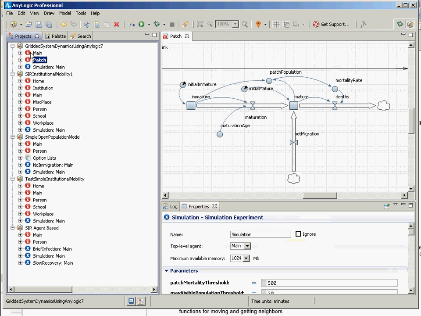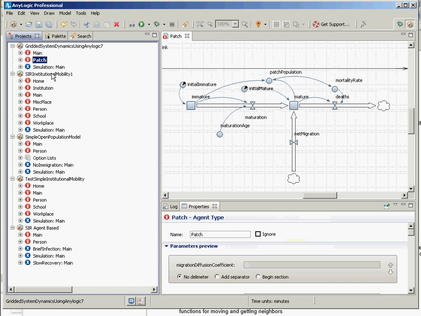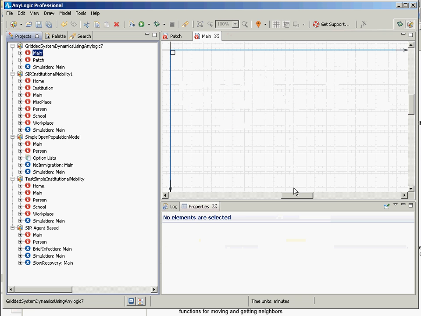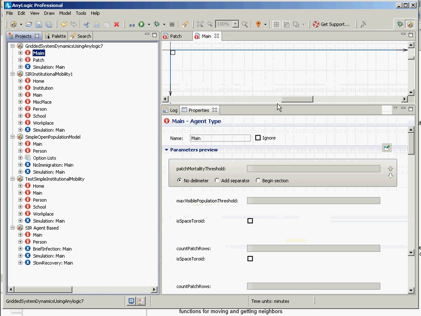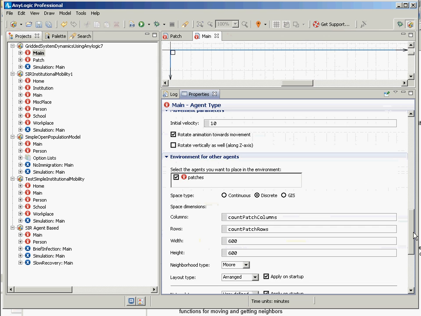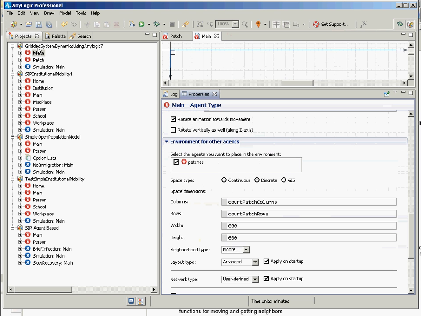And then in the main class, what we have is an environment that's a discrete environment, meaning we have a bunch of patches. If you go to main and scroll down, you'll see we're in a discrete environment. We have a certain number of patch columns, a certain number of patch rows, and we have the agents arranged in a regular grid.